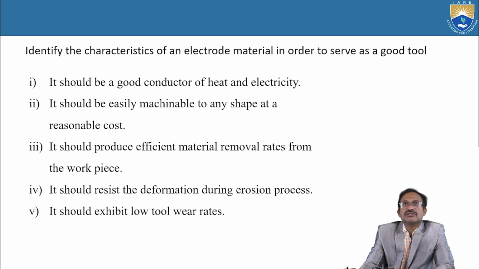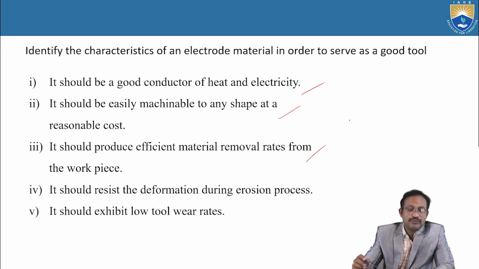Identify the characteristics of an electrode material in order to serve as a good tool. It should be a good conductor of heat and electricity. It should be easily machinable at a reasonable cost. It should produce efficient material removal rates from the workpiece.